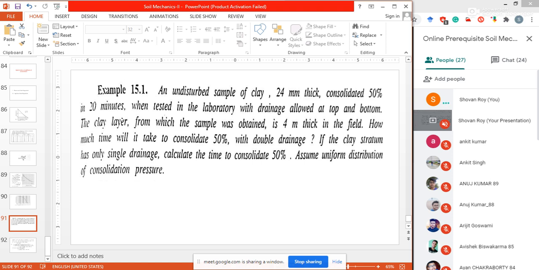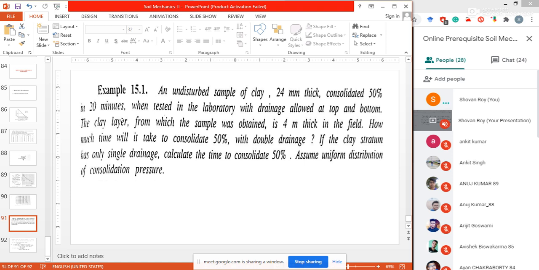From this timing and this percentage value, we can understand the behavior of the sample, the behavior of our soil also. This is one of the important points. Time is important, and the consolidation percentage is also important to identify our soil: how porous it is, how many voids are present in the soil mass.